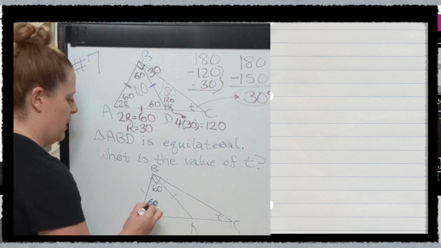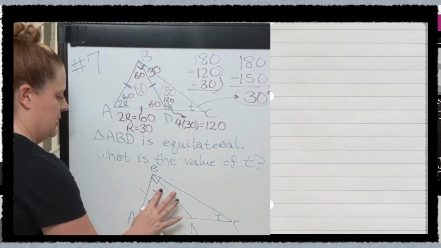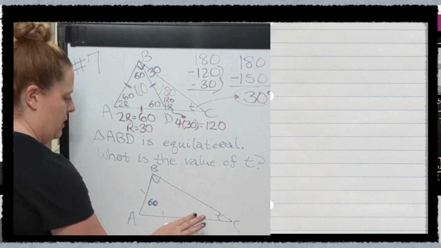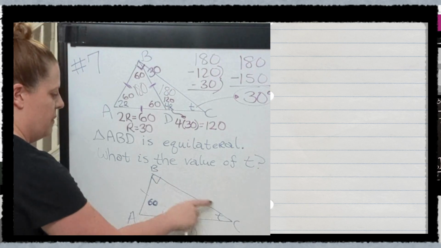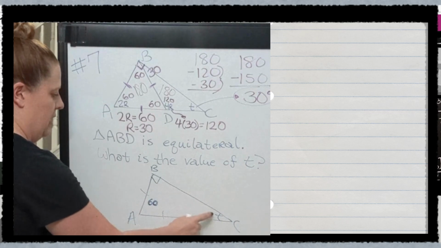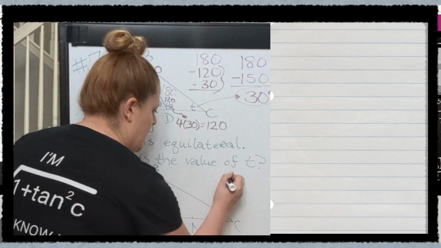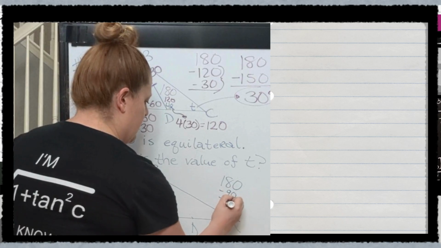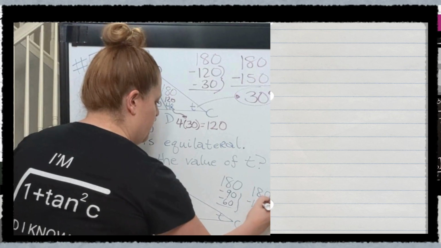Now you can leave them written out, okay? This 60 doesn't even matter. What we have now, I'm going to take this line out because it doesn't matter. I have a big triangle with 60, 90, and we don't know this one. Okay, it's actually a special triangle, which we will go over together. But for the time being, we know there has to be 180 total. We're going to subtract our 90 and our 60. 180 minus 150.